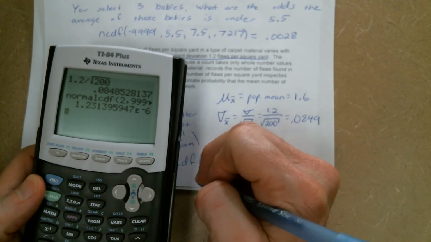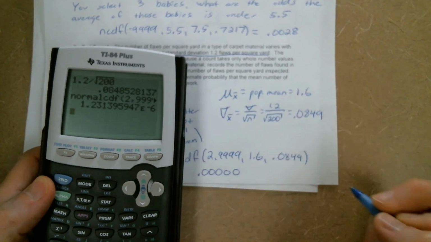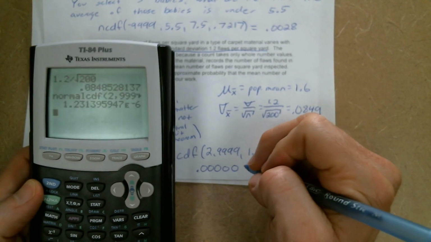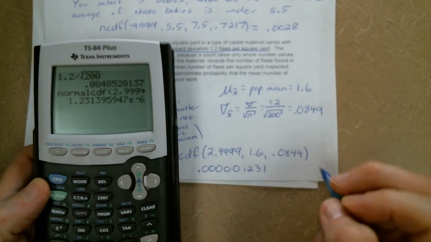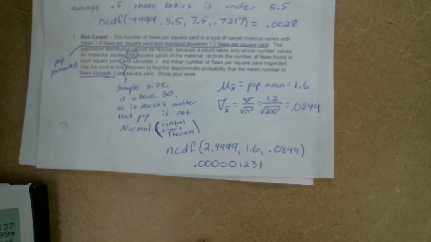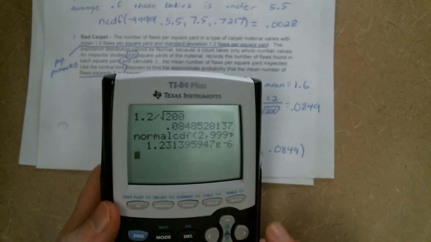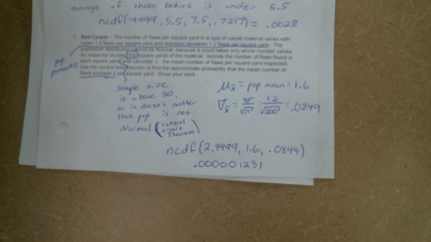So we have to remember that that's really 0.1, 2, 3, 4, 5 zeros, and then 1, 2, 3, 1. All right, but make sure that you don't accidentally just write like 1.23. Notice that there's the e to the negative 6 there and what that's telling you to do. All right.